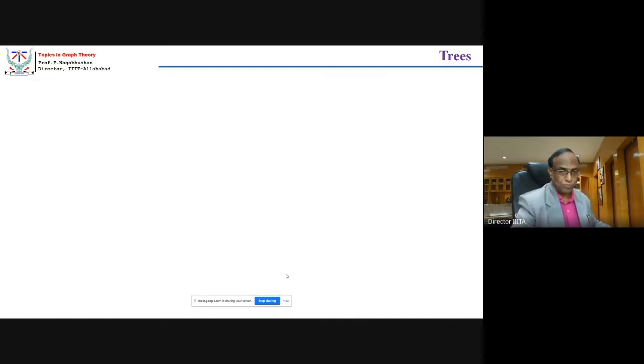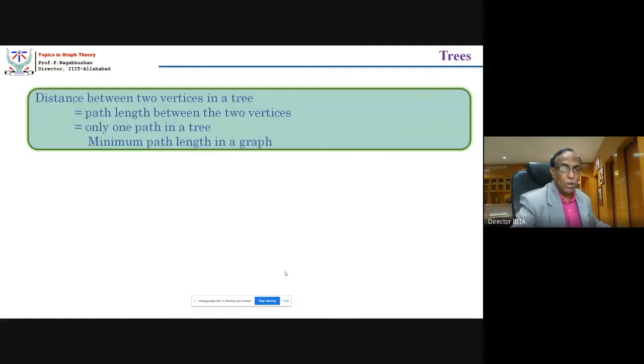Okay, good. Now distance between two vertices in a tree. See, what is the distance in a graph? In a graph between the two vertices, there can be more than one path, and the shortest path is the one which contains a minimum number of edges, theoretically. Practically, shortest path is that whose sum of the weights of the edges between those two vertices should be minimum.